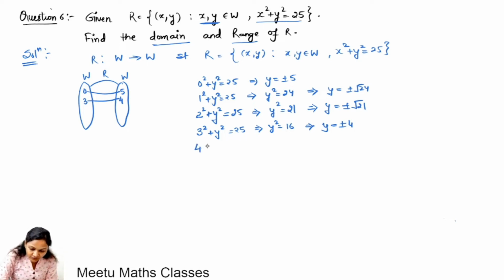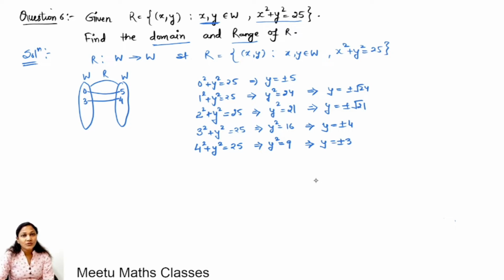Next try 4. 4 square plus y square is equal to 25. So y square is equal to 25 minus 16, that is 9. And y will be equal to plus minus 3. Minus 3 is not a whole number. So 4 is related to 3. Then next try for x. Take x is equal to 5.